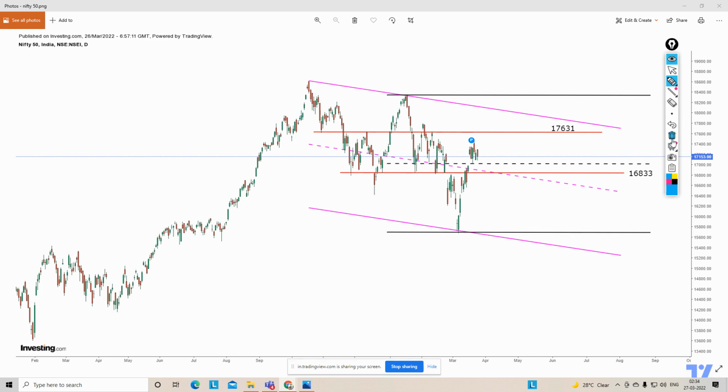So Nifty is above the 50% of both the trends, this and this dotted line. So Nifty is consolidating above the 50% of both the channels, and Bank Nifty is below the 50% of both the channels.